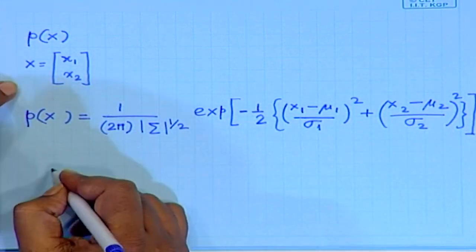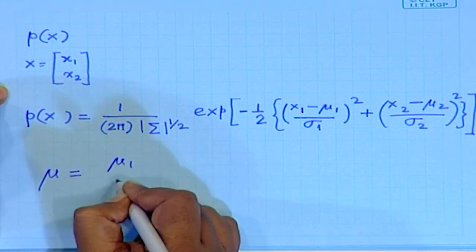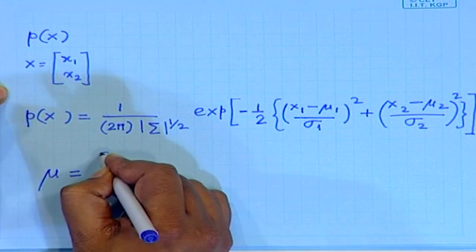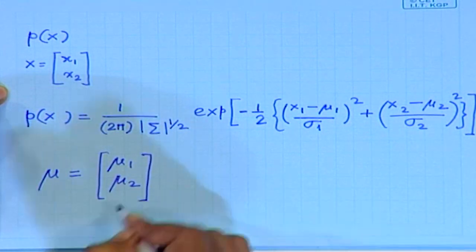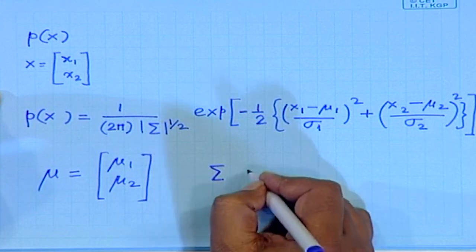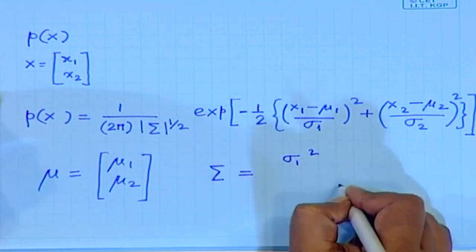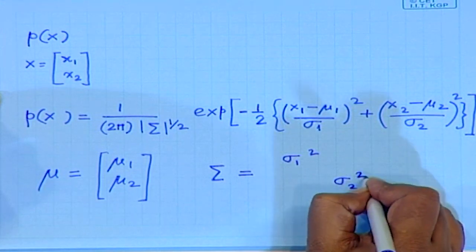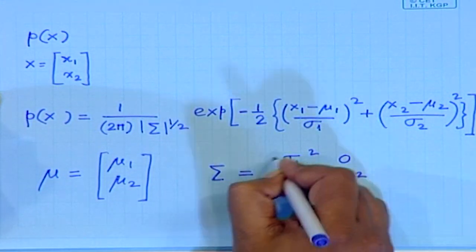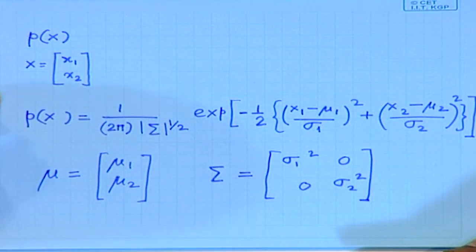That means my mean vector mu is nothing but (mu1, mu2), and the covariance matrix sigma is nothing but diagonal with sigma1 square, sigma2 square, and 0, 0 elsewhere. So this is my covariance matrix and this is the mean vector.